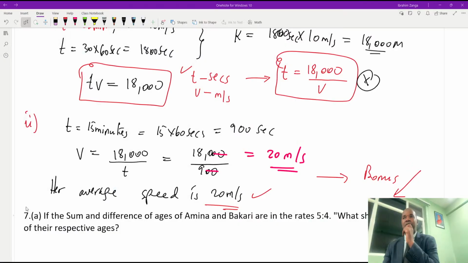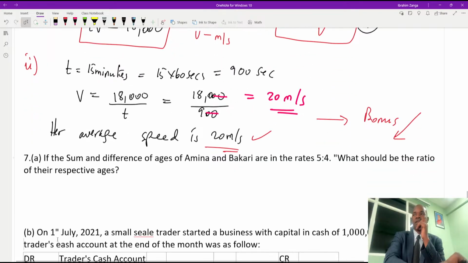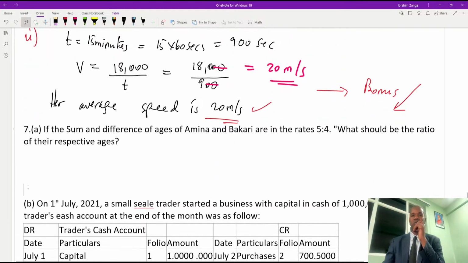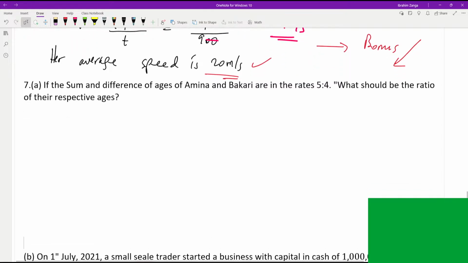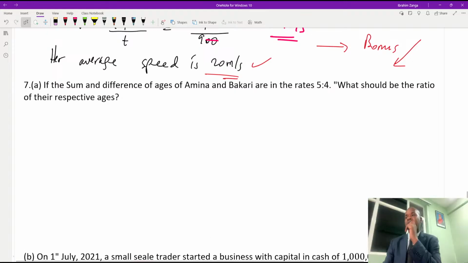And so we continue, and to proceed with the solution of question number 7, I'd like to proceed with question number 7A.